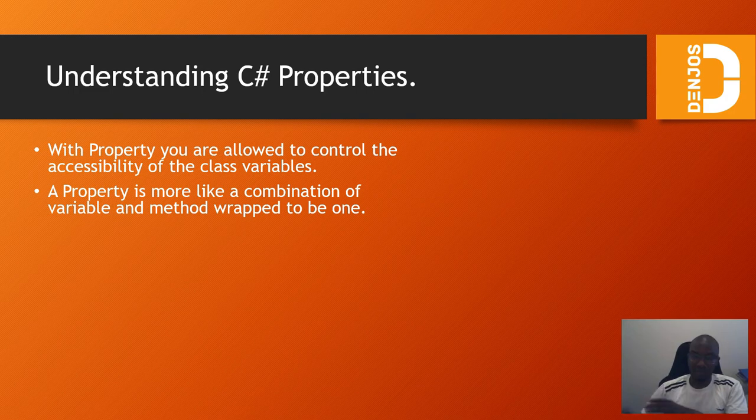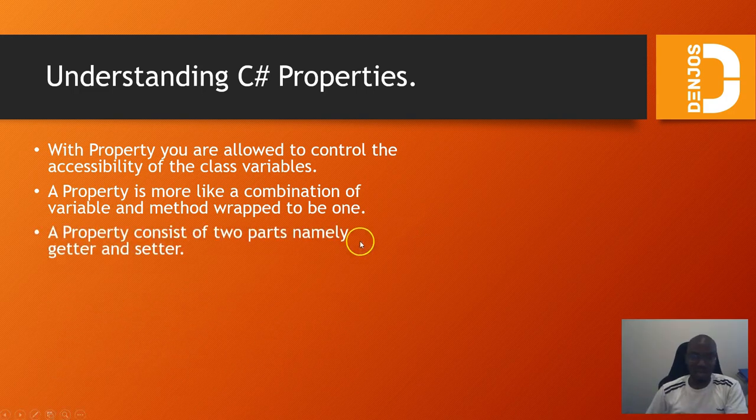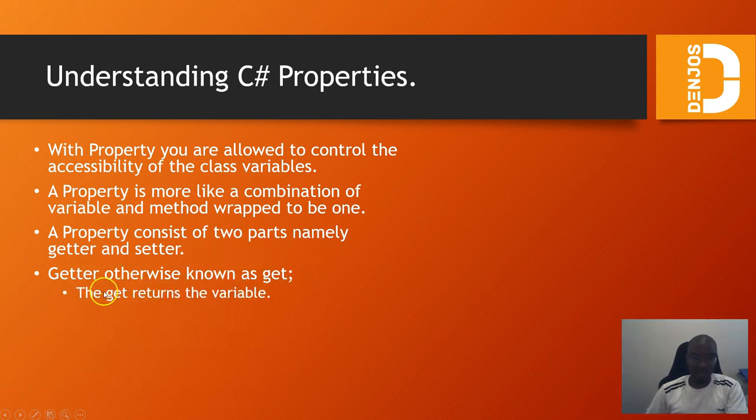In terms of that, a property consists of two parts, namely a getter and a setter method. The getter, otherwise known as get, returns the variable. It gives the variable back. All it does is just give back. It doesn't set. It doesn't take anything, but it just gives back. And then we have the setter, otherwise known as set.